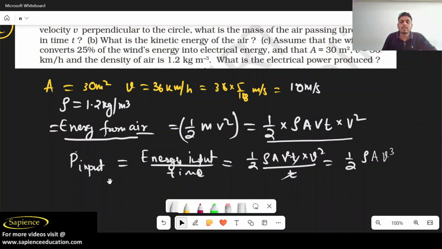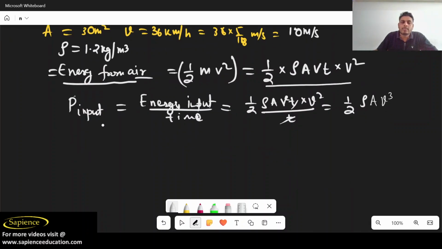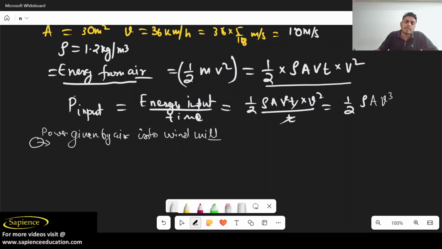Now if we talk about power output, we need to know how much power we are getting. Power input is the power given by air to the windmill. And what is power output?